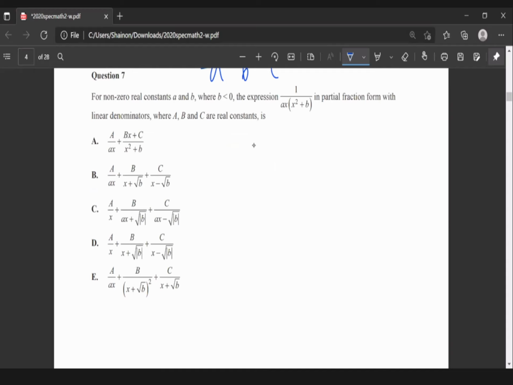Seven. So 1 over ax, x squared plus b. I just used the CAS again. And I think it was to prop frac or something like that on the CAS. I think it's under transformations or action.